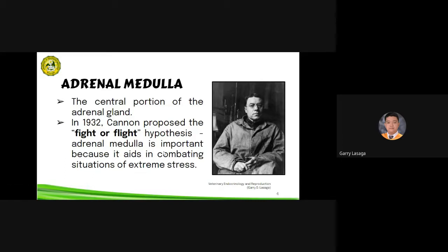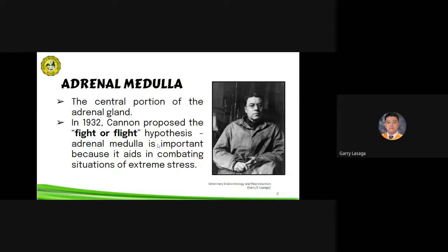So when the individual is exposed to a certain type of extreme stress or a frightening event, that will lead to the stimulation of the adrenal medulla to secrete certain substances in order to combat or overcome a particular event, such as a stressful environment.